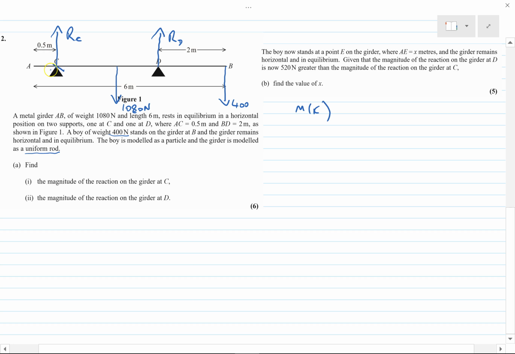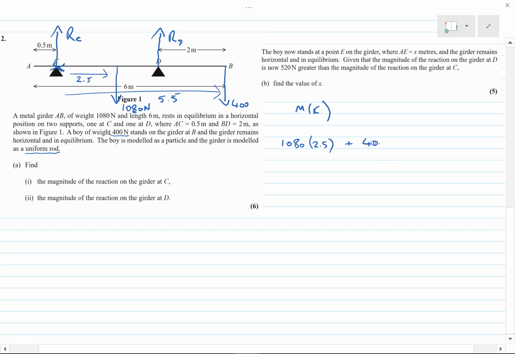So moments about C, I would get this distance here, which is going to be 3 minus 0.5, so that's 2.5, times 1080, so that's 1080 times 2.5. Also going clockwise is this distance here, that there is 5.5, times 400. 400 times 5.5.